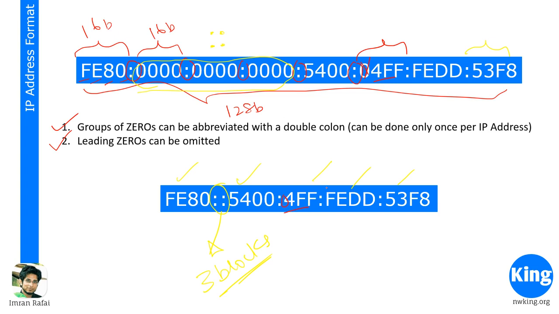So if you use these 2 rules, you can shorten any IP address. I know this IP address, even after shortening, is not really short, but we will look at some things as we go on in this video. But for now, remember these 2 rules. These 2 rules are going to help you.